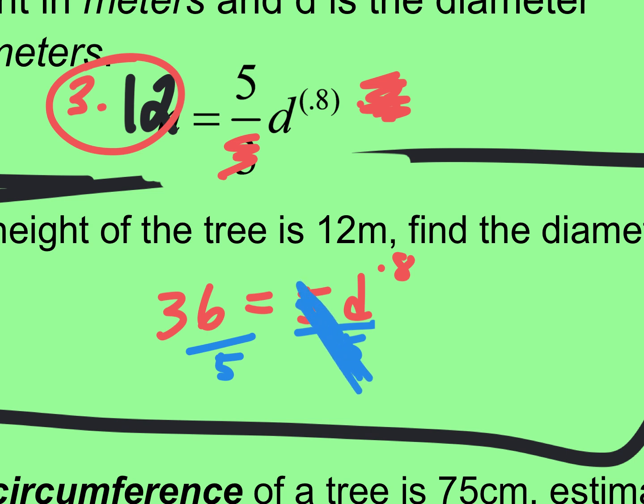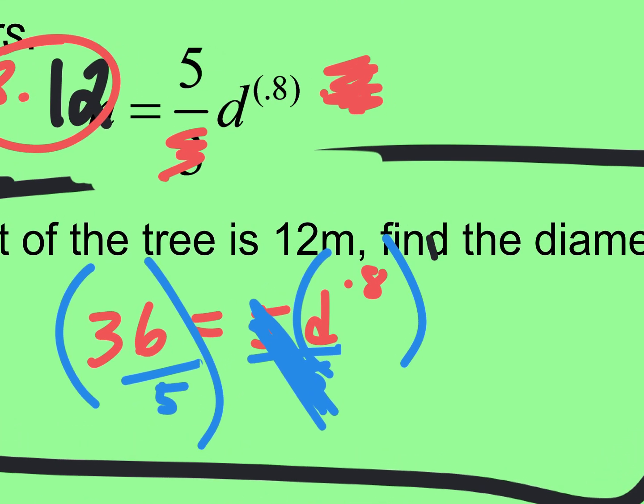How do I get rid of a 0.8 power? I'm going to put it to the power of, don't overcomplicate it, 1 over 0.8. So I don't know exactly what that is, but my calculator will. You know what I mean? Like I'm supposed to use a fraction and do a reciprocal of this.